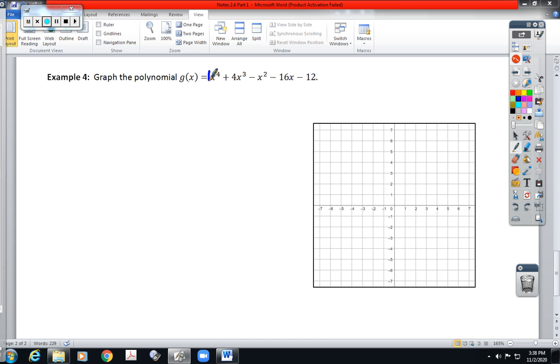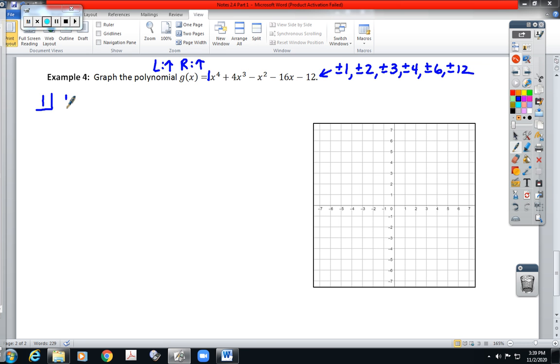The lead coefficient is positive, which means that the right end behavior is pointing up. The degree is even, which means the left side is doing the same thing. It is also pointing up. Once again, our constant term is 12, which means our list of possible integer zeros, while rather lengthy, are all of the factors of 12, which would be plus or minus 1, 2, 3, 4, 6, and 12.